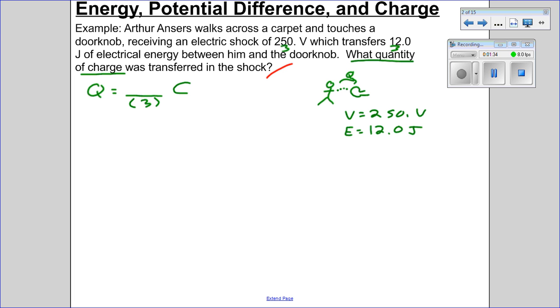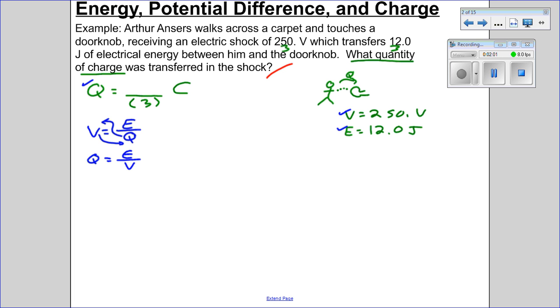A formula that involves potential difference, energy, and charge is that the potential difference is equal to energy over charge. If we rearrange this for Q, we take the Q up to the top, we take the V down to the bottom, and we're left with Q equals E over V.